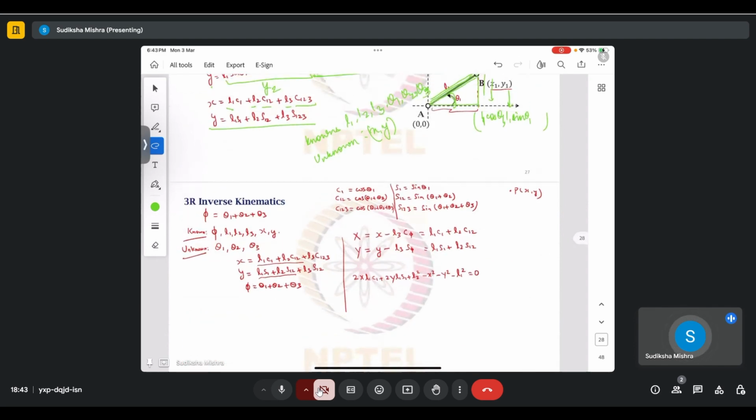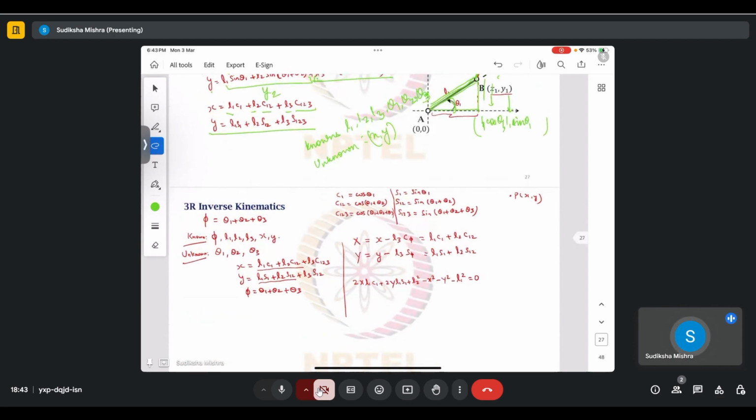Whereas in case of inverse kinematics, you need to find three terms basically, but the known is again L1, L2, L3 and x comma y.